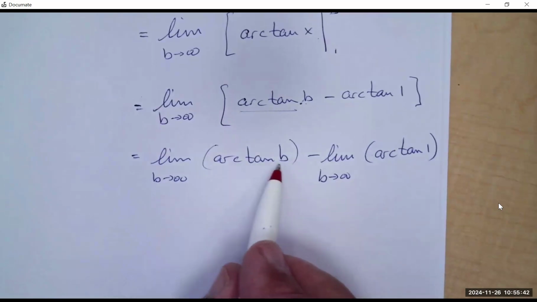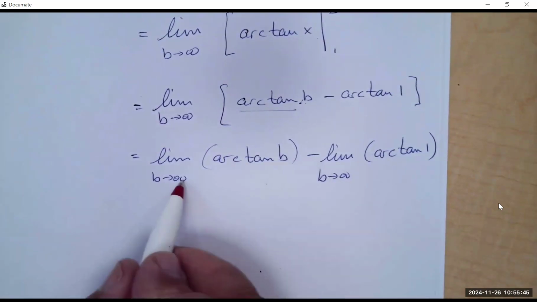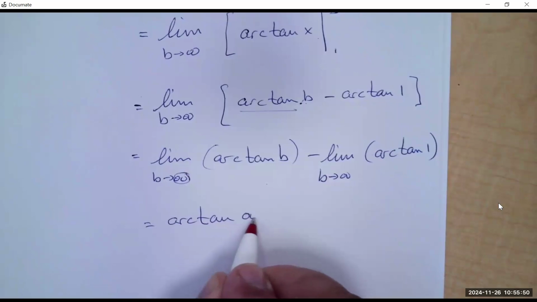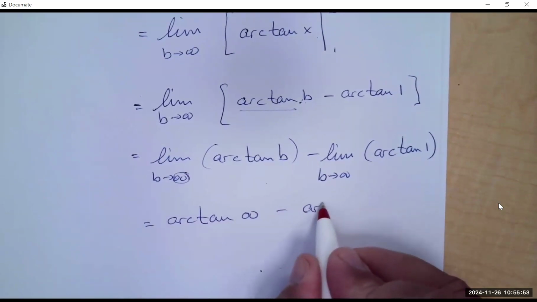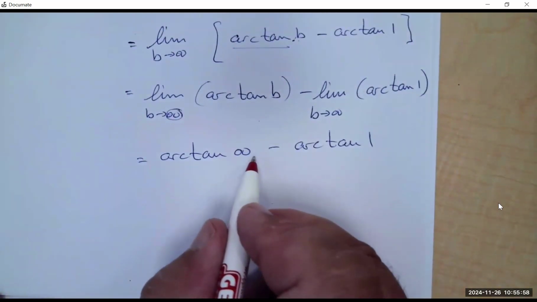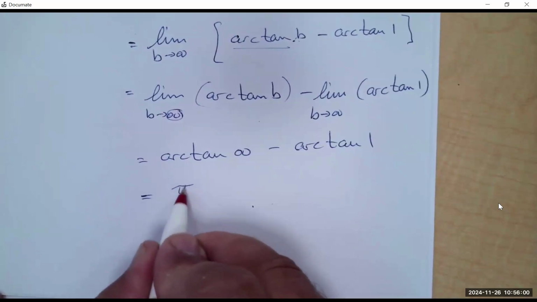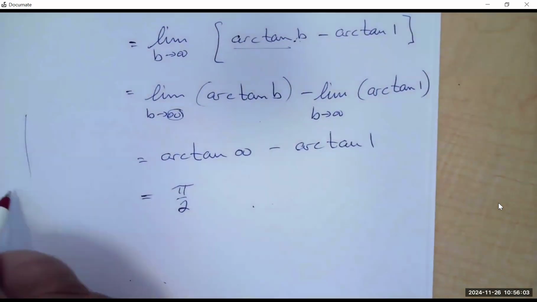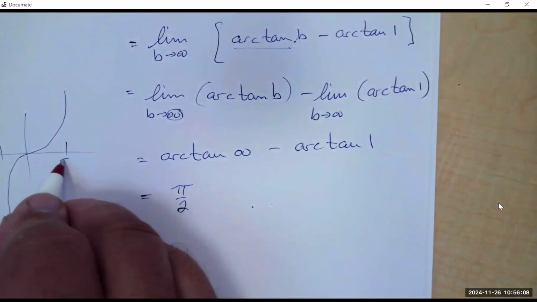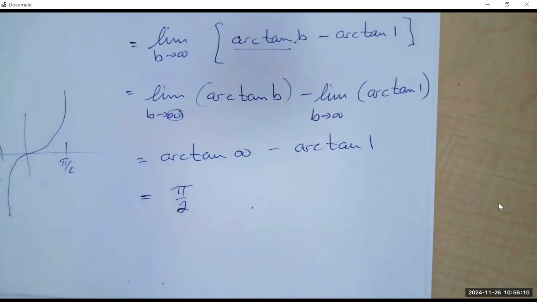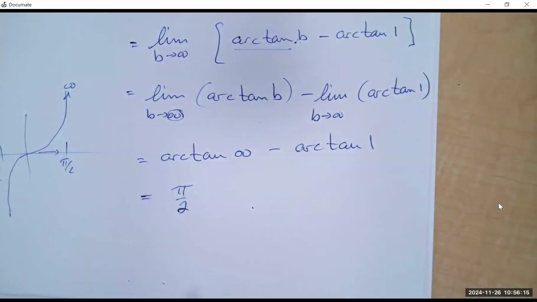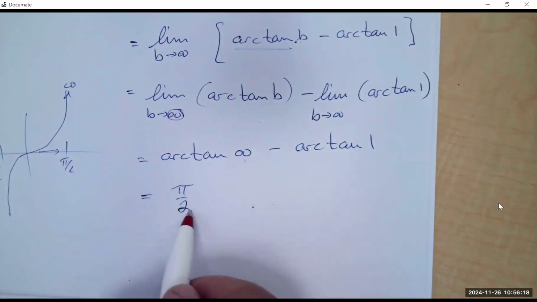At what point does arctangent go to infinity? The tangent function goes to infinity at pi over 2. Remember, the tangent function looks like this. There are asymptotes at pi over 2 and negative pi over 2. So arctangent at infinity is pi over 2.